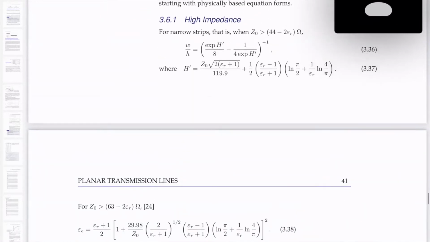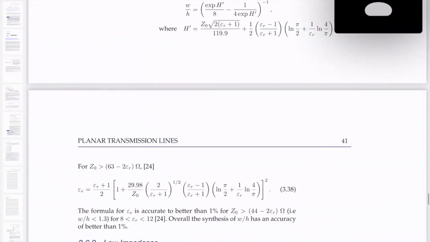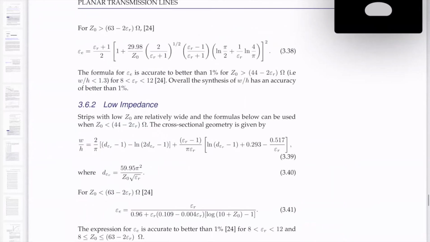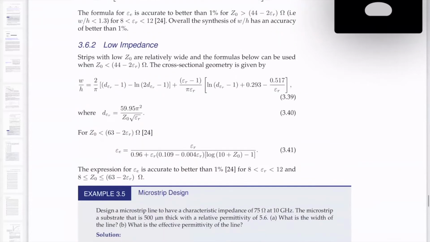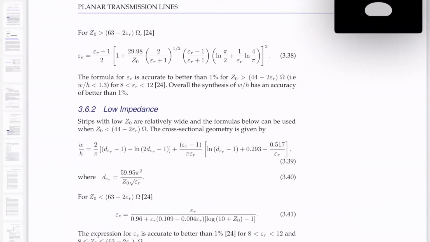It tells you exactly how to design the line for a characteristic impedance that is above 44 ohms, which is called high impedance, and a characteristic impedance below 44 or so. And then it gives you the formulas, exactly how to do it: what to find, W over H practically. That's all that you need to find.